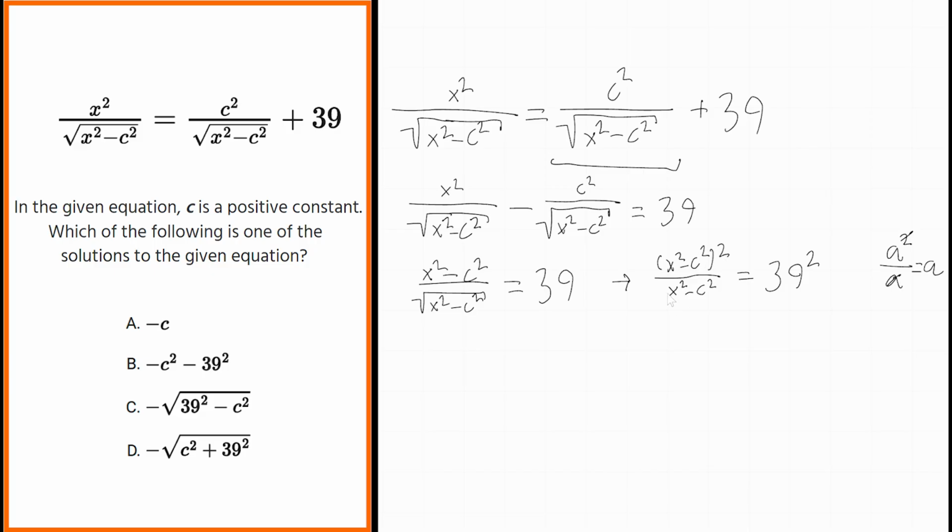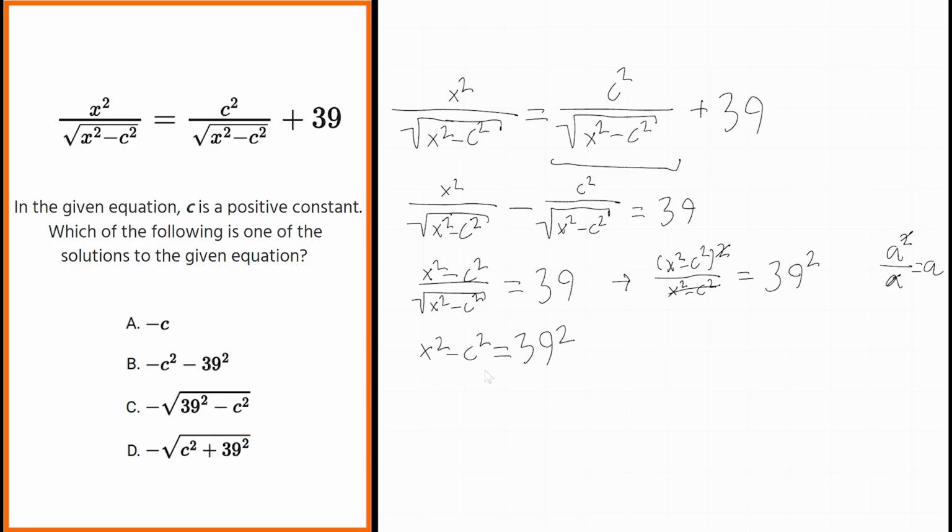So we can cancel this term with this square, and we will get simply x squared minus c squared equals 39 squared. Now, once again, we could calculate what 39 squared is, but if you look back at the original problem, in every single answer choice, the numerical term is given in terms of 39 squared, so this is exactly the form that we want to have it in.